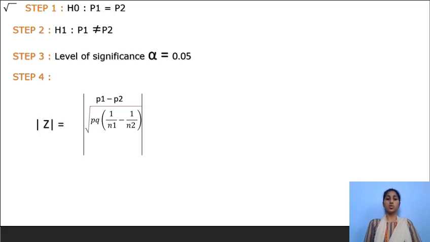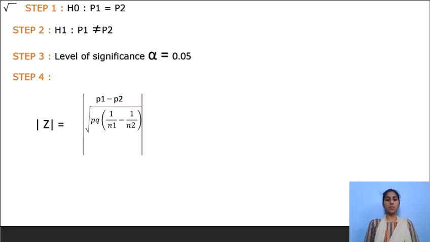This is the reciprocal of the H0. Step 3, level of significance: alpha is equal to 0.05. And step 4, mod Z is equal to mod P1 minus P2 by root of PQ times 1 by N1 plus 1 by N2.